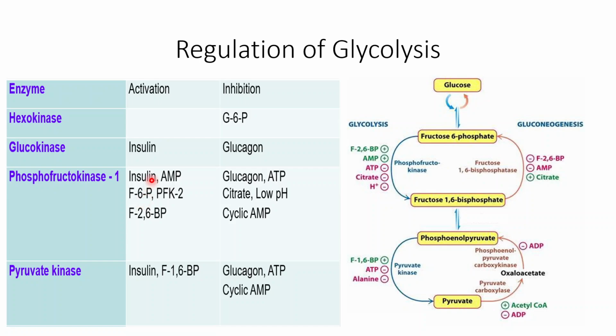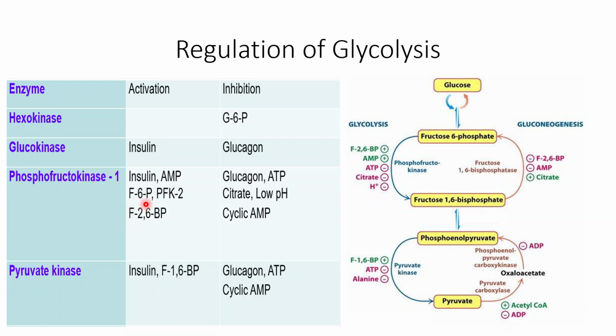So insulin stimulates this enzyme, which leads to production of fructose 2,6-bisphosphate. Now this fructose 2,6-bisphosphate allosterically activates phosphofructokinase 1. So this is how the activation of phosphofructokinase 1 takes place with the help of insulin, phosphofructokinase 2 and fructose 2,6-bisphosphate.